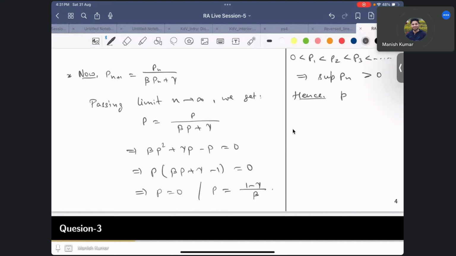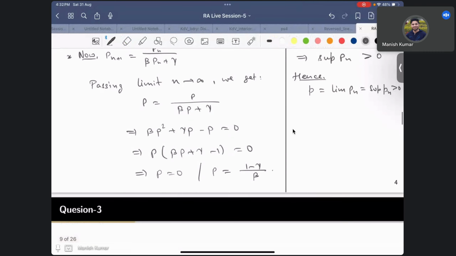And hence P cannot be 0, the limit. So P, which is equal to the limit of Pn, is the same as the supremum of Pn, because by the monotone convergence theorem we know that the sequence converges to its supremum, and this is greater than 0, correct?